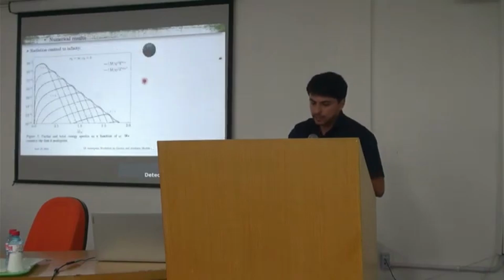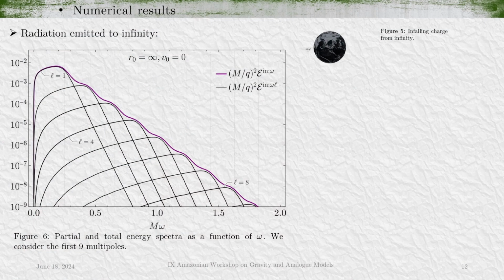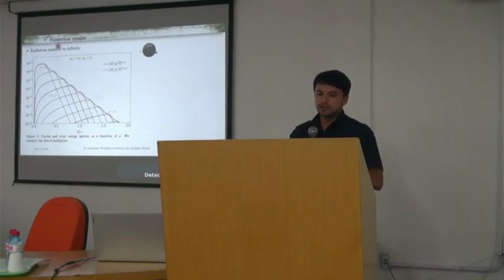Now we can continue to analyze when the charge falls from infinity, but now we use numerical methods to see what happens with the spectrum for general frequency. Here we see that the spectrum vanishes in the zero frequency limit.